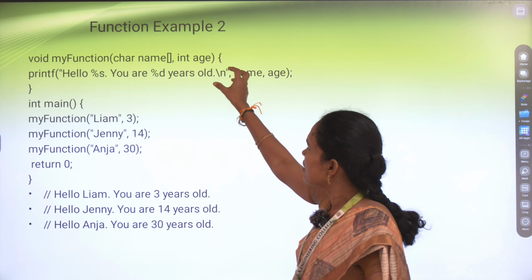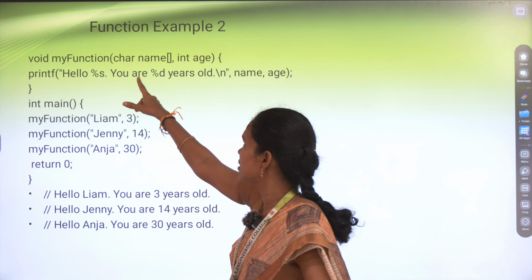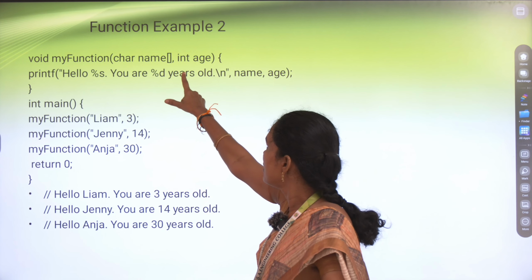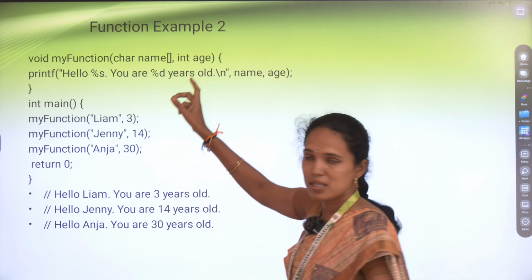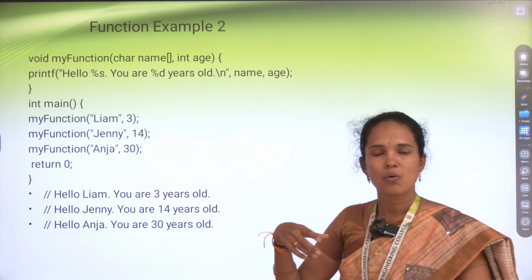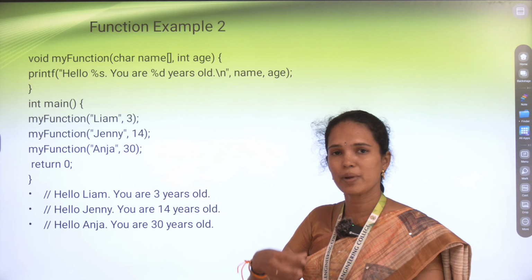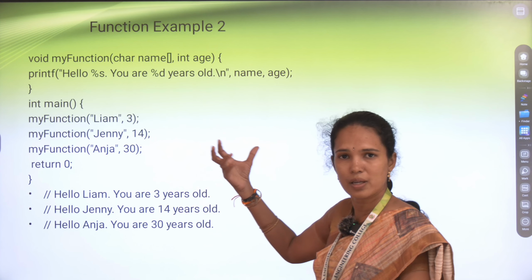Here you pass the parameters with the data type. Name is a character array, so I have given char name array, and age is an integer, so I am passing int age. Whatever data type you want to pass, and however many arguments you want to pass, you can pass it.